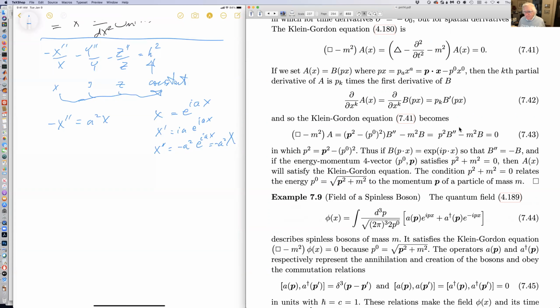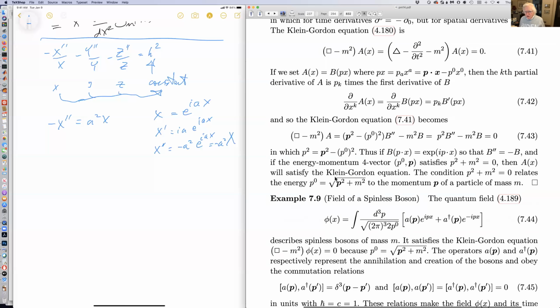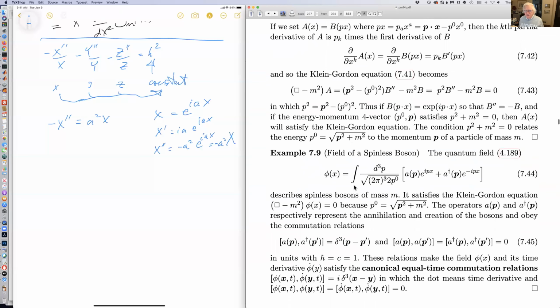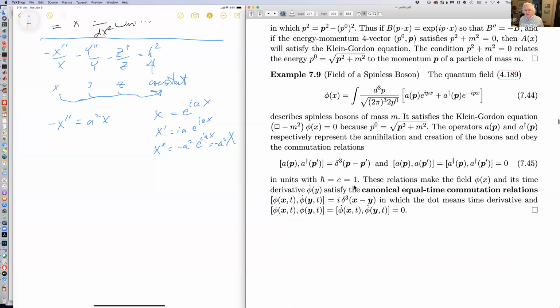As long as b double prime is minus b, and p squared is p vector squared minus p0 squared, you have a solution of this equation, namely p squared plus m squared equals 0. And then you satisfy the Klein-Gordon equation. This condition, p squared plus m squared equals 0, means that the energy is related to the mass in this way. And so this is just ordinary special relativity.